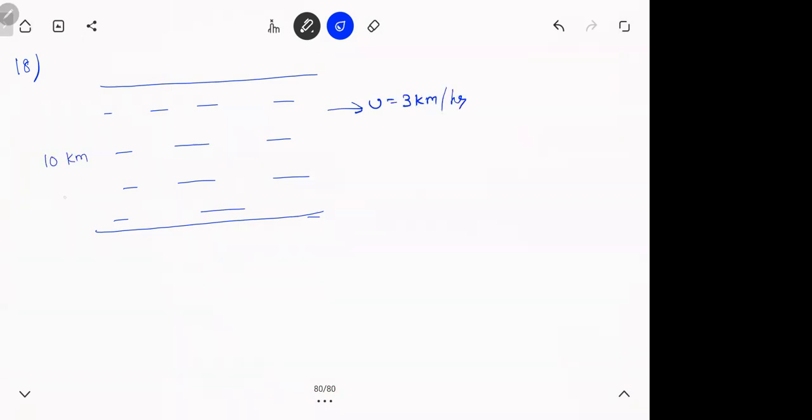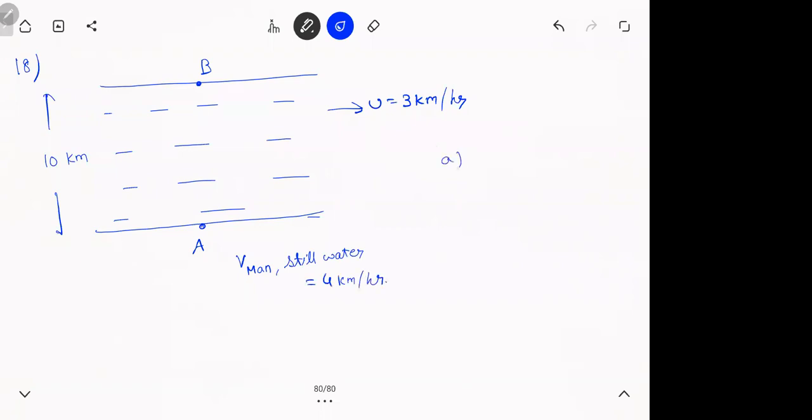So we got a river. Three kilometers per hour. This is 10 kilometers. This is A and this is B. Velocity of the man in still water is 4 kilometers per hour.